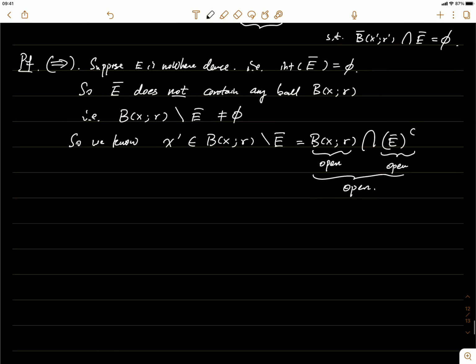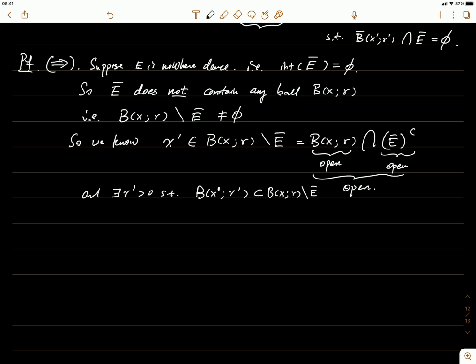That means there exists some r prime such that the entire ball centered at x prime with the radius r prime should be inside this. Okay, because x prime is a point in the open set, so it must be an interior point. That's why we can find such a ball. So that's in here.